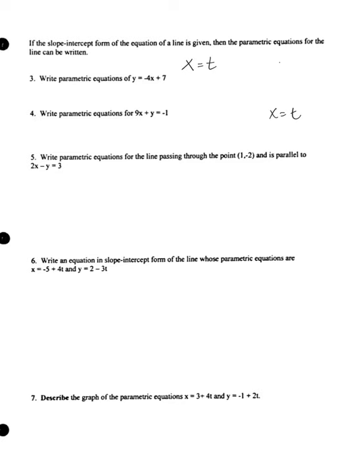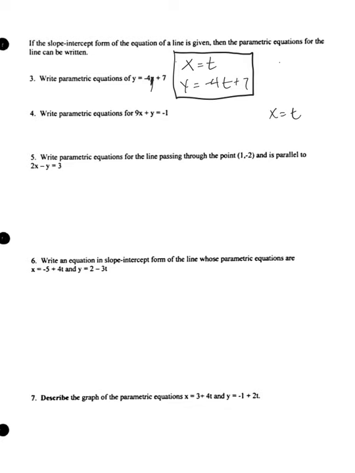Then you rewrite the equation with t. So you literally just take this x out and make it a t. So the second part would be y equals negative 4t plus 7. Parametric equations are one for each letter. So if you have 5 letters, you would have 5 equations. We have 2 letters, an x and a y, and you write each equation based on t.